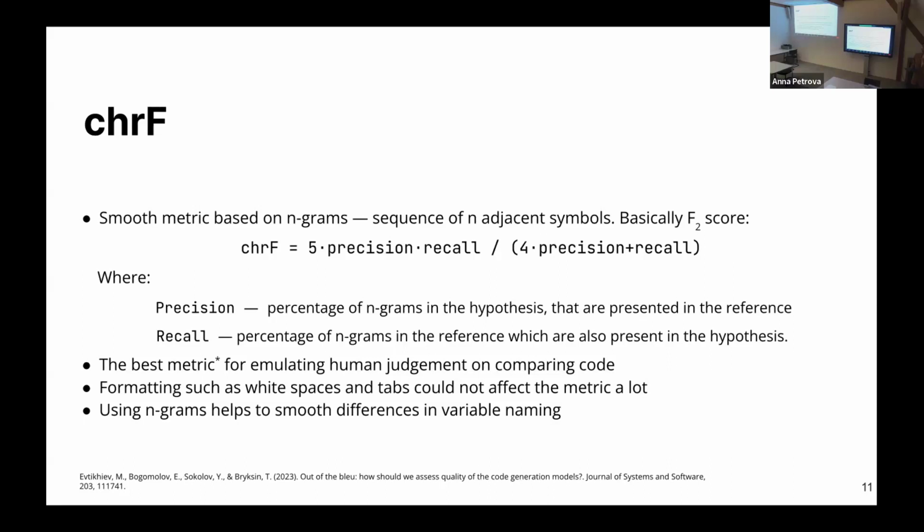For example, they compare chrF against METEOR, that uses some AST-based analysis, and CodeBLEU, that is basically BLEU metrics for code with AST. They are just worse than chrF. And this paper is a bit popular because of that conclusion that simple chrF is better than other metrics.